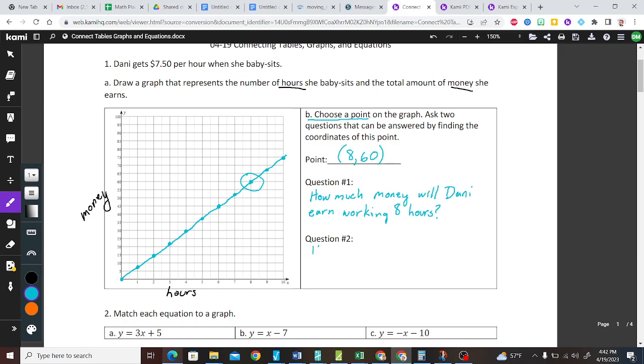Then we're going to ask, how many hours must Danny work to earn $60?